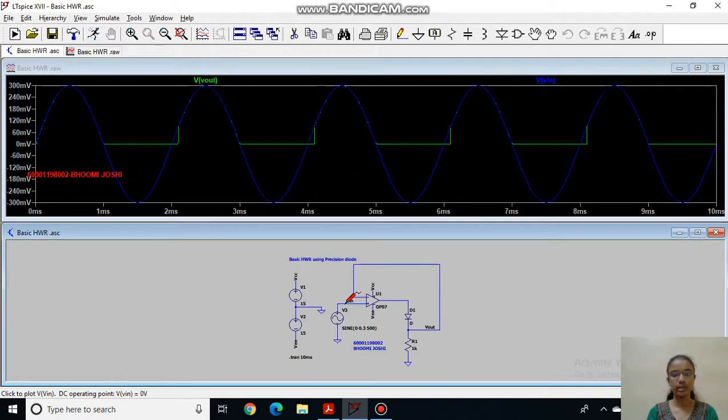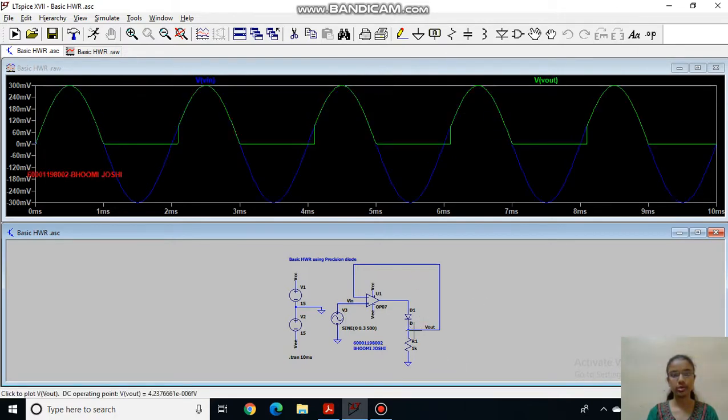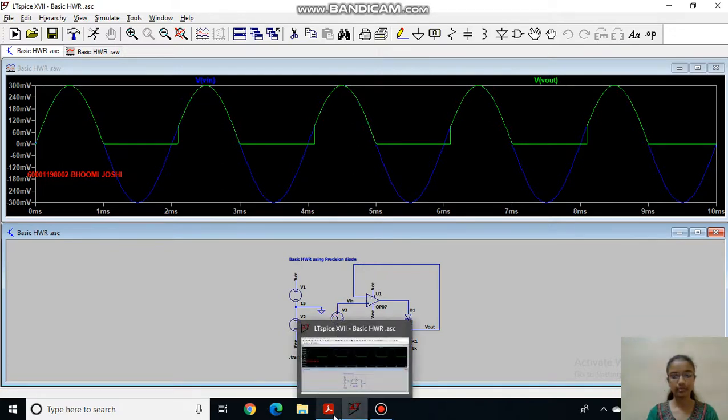So as you can see, this is my input wave which is of 0.3 volt and this is my output. I am getting my output only in positive half cycle. In negative half cycle I am getting 0. So this is a basic half-wave rectifier.